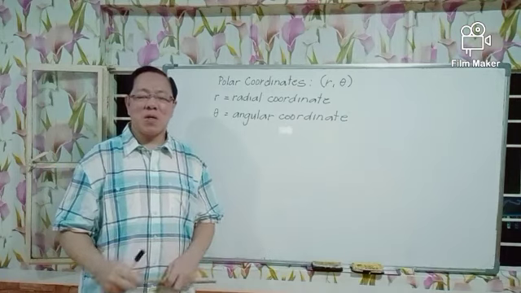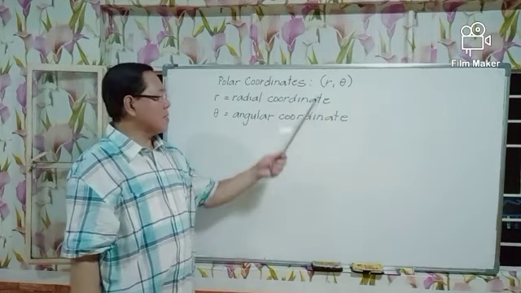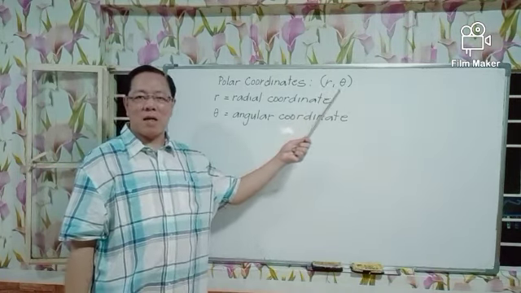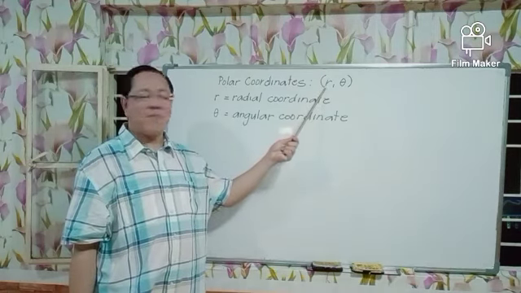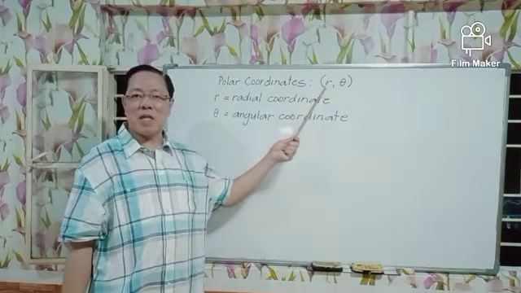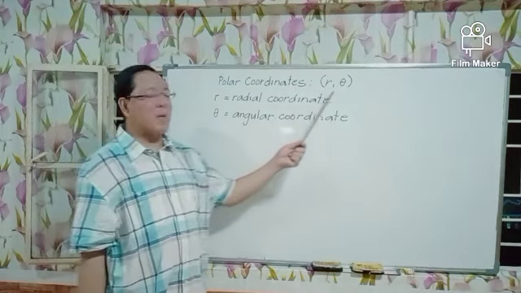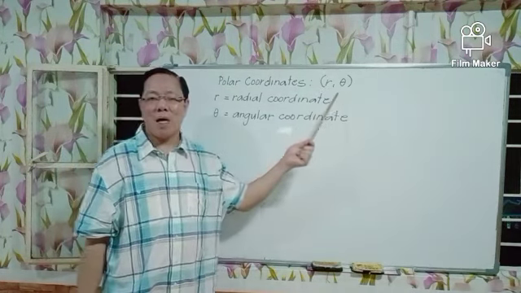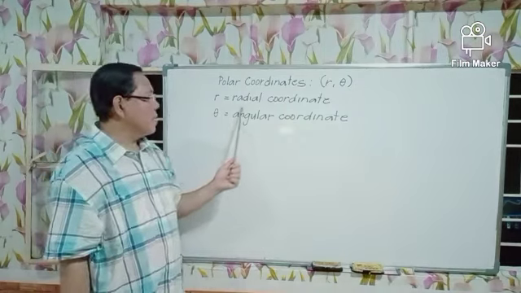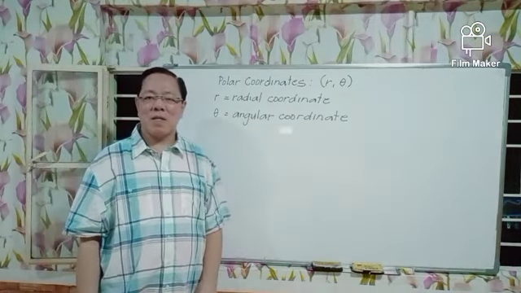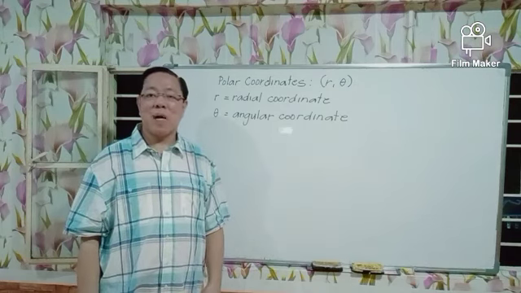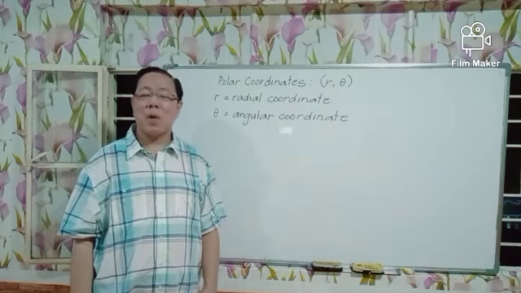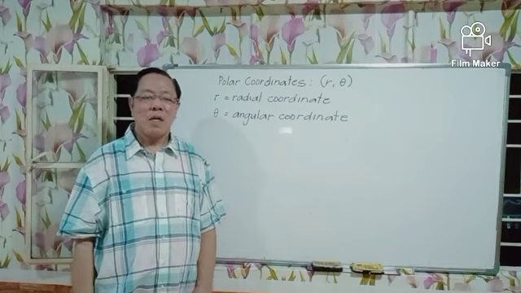A point in polar coordinates has two coordinates denoted by r, theta. Always we start with the radial coordinate denoted by r, followed by the angular coordinate denoted by theta. Now the radial coordinate is actually referring to the radius vector, which is the distance of the point from the origin.